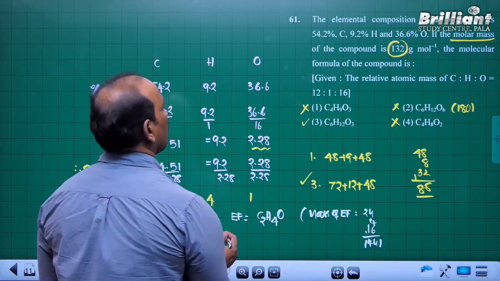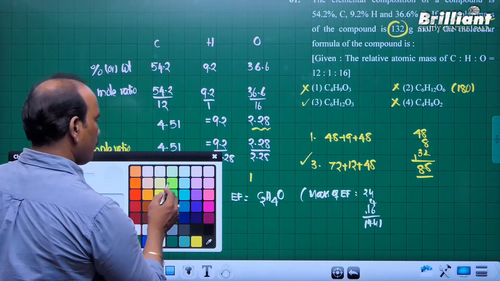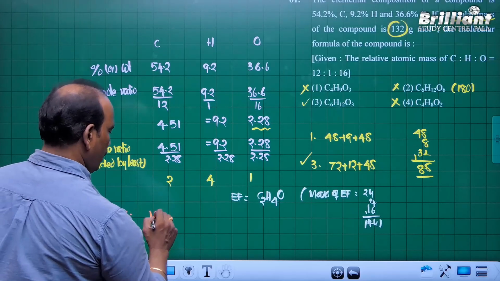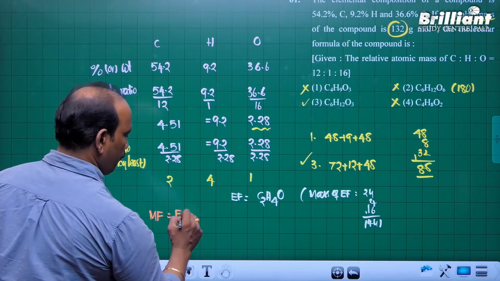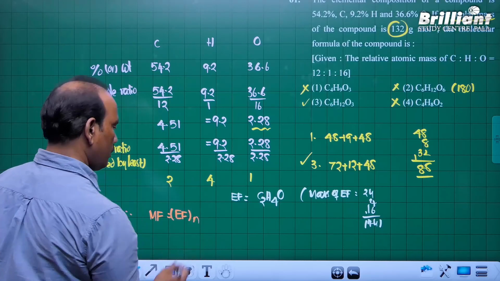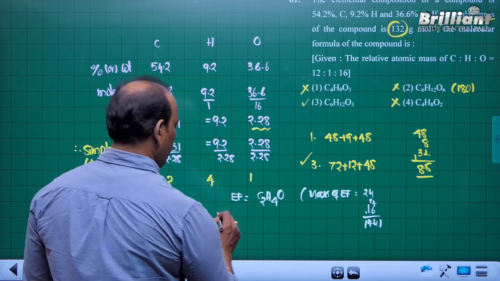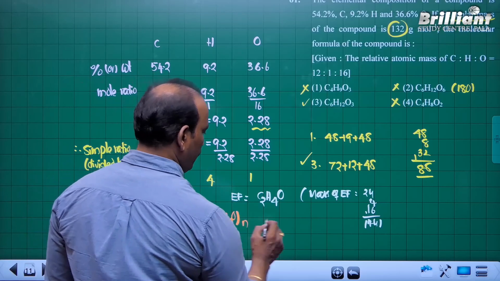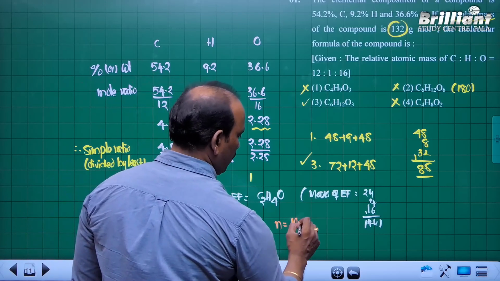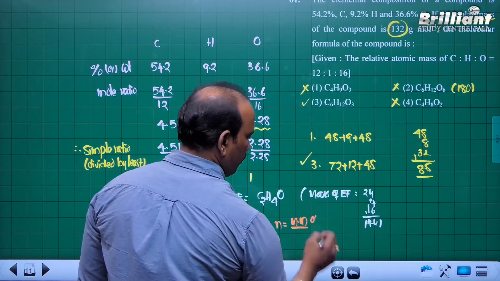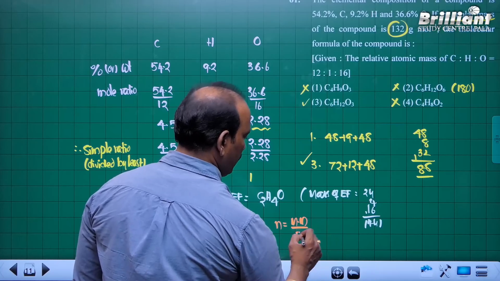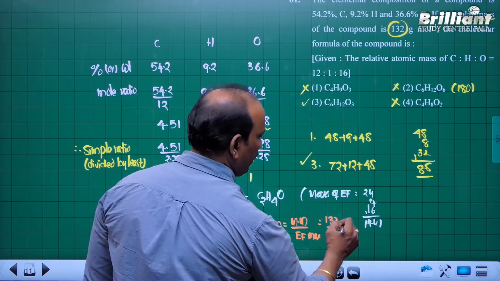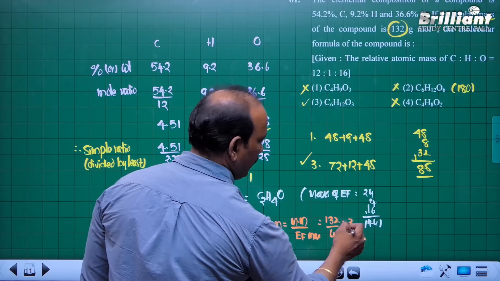Now, what is the molecular formula? Molecular formula equals empirical formula into N. Clear? That is C2H4O into N. N equals molecular mass by empirical formula mass. 132 by 44 is 3.